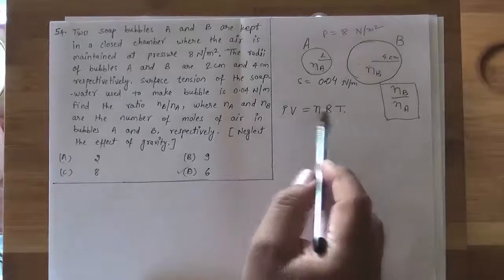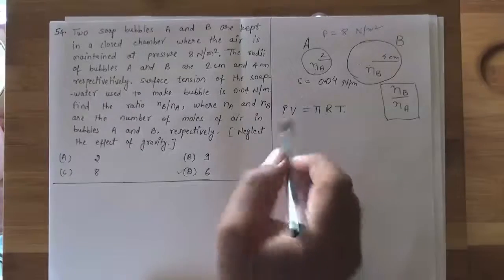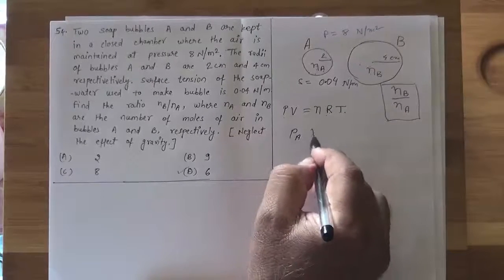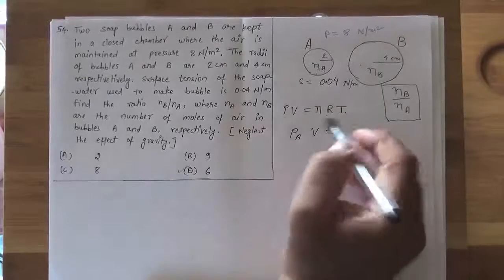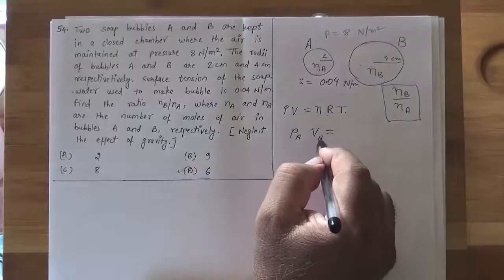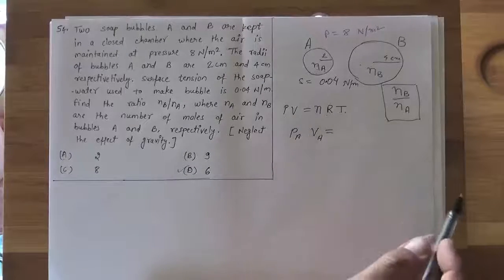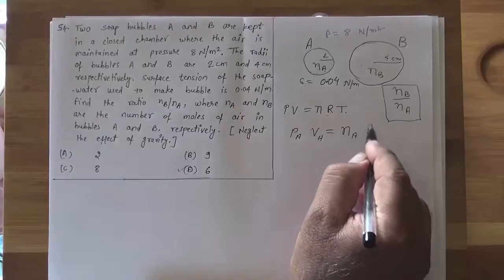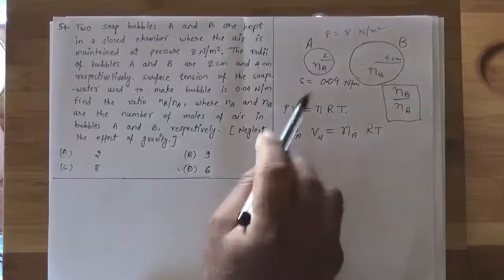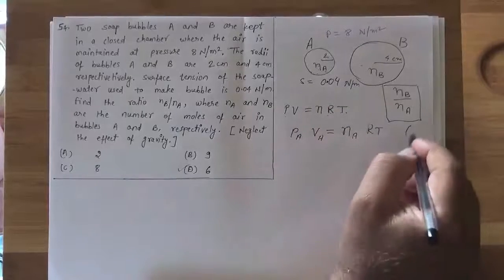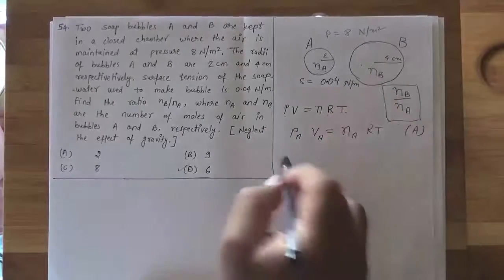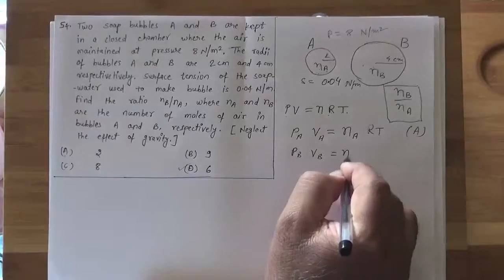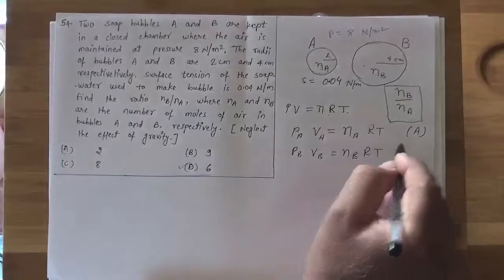So this equation for bubble number 1 stands for pressure A, volume of A, is equal to N_A RT. And for bubble number 2, that is bubble B, P_B V_B is equal to N_B RT.